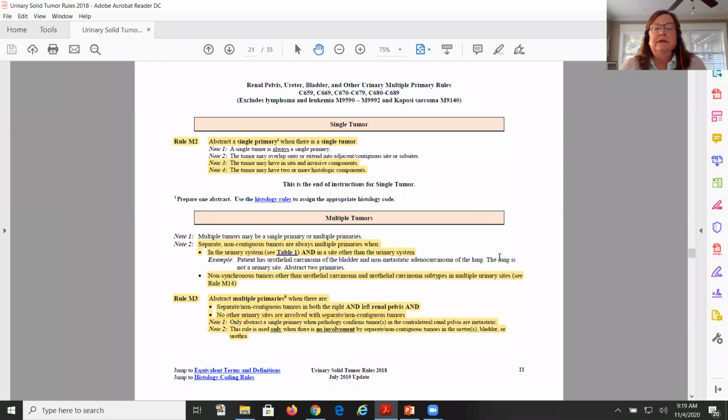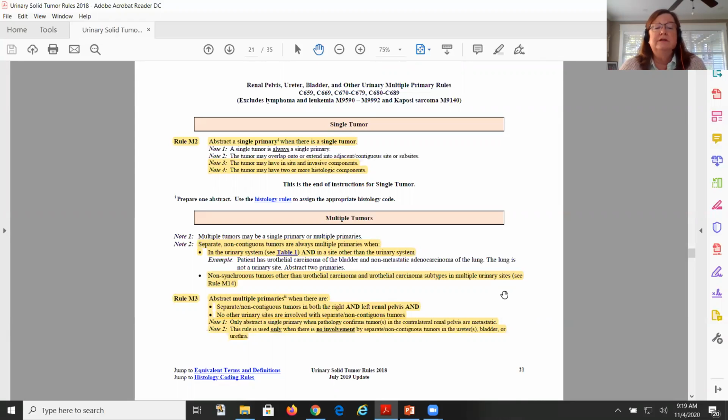Separate non-contiguous tumors are always multiple primaries when in the urinary system and in a site other than the urinary system. Non-synchronous tumors other than urothelial carcinoma and urothelial carcinoma subtypes in multiple urinary sites are multiple primaries, and you'll see that in Rule M14.